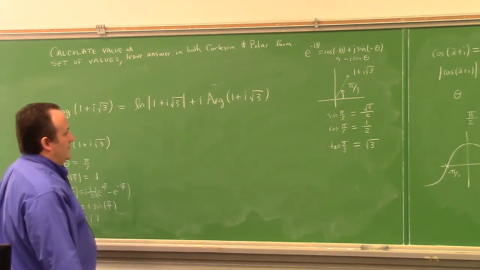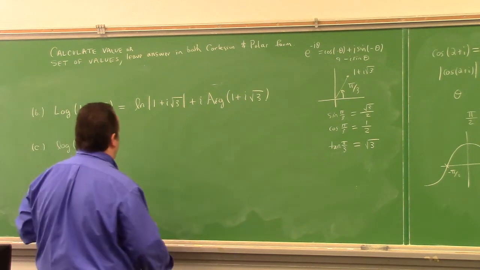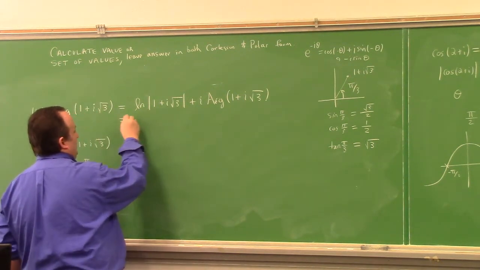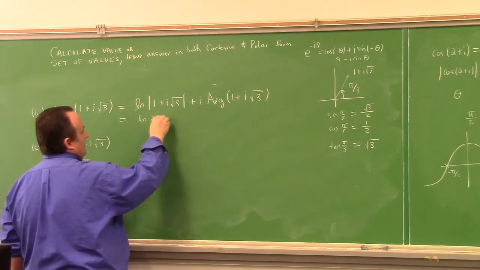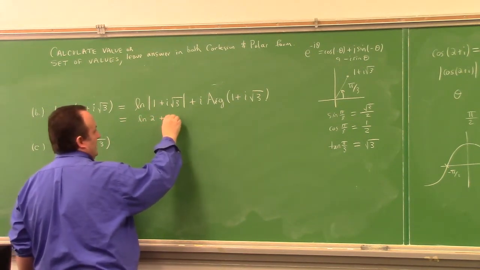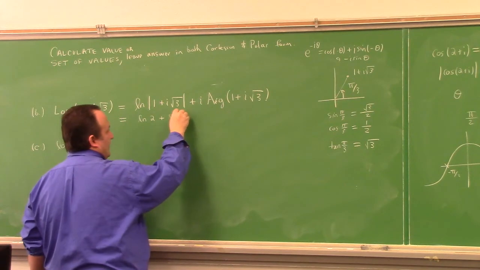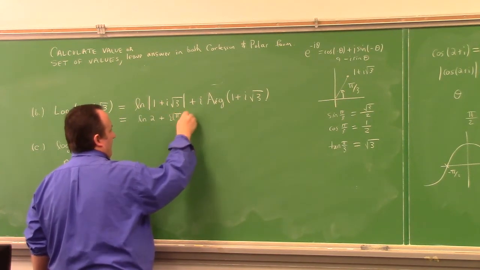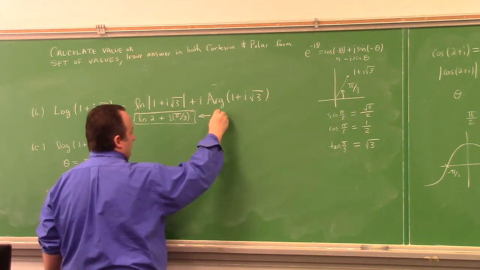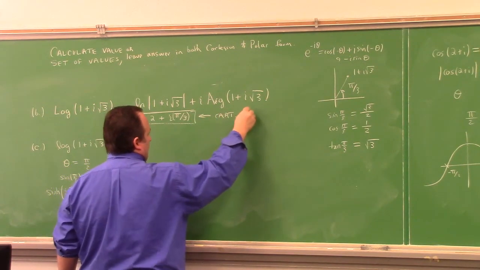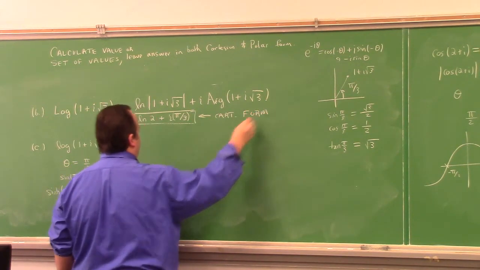So anyway, what you told me is we got natural log of 2 plus i times pi over 3. This right here is Cartesian form, right? What's the polar form of this one?